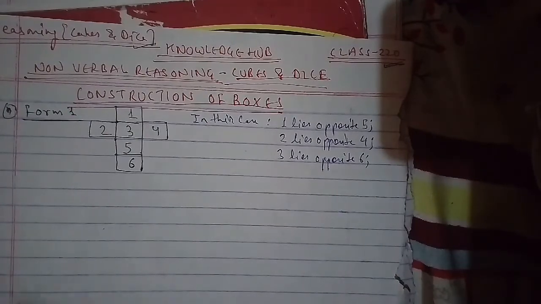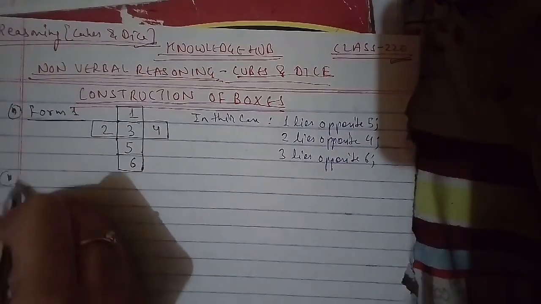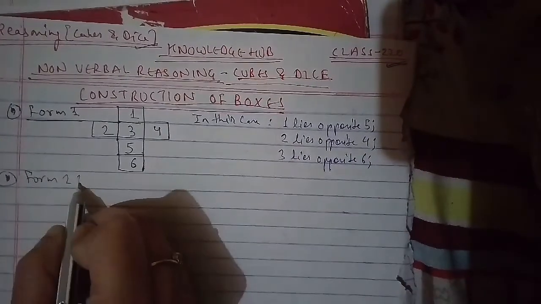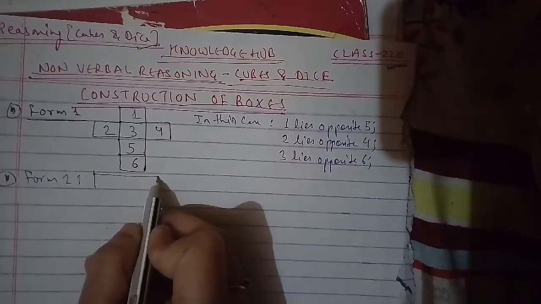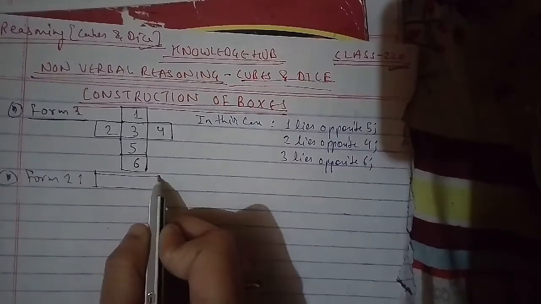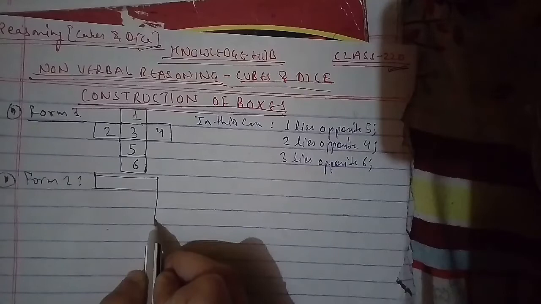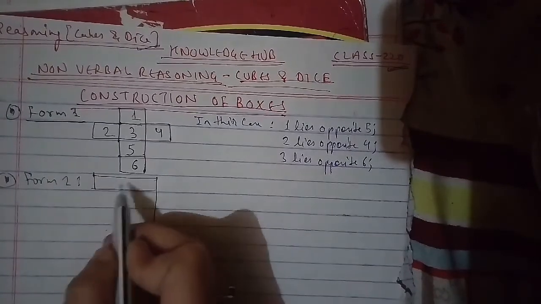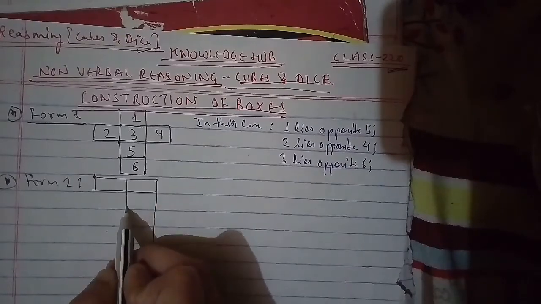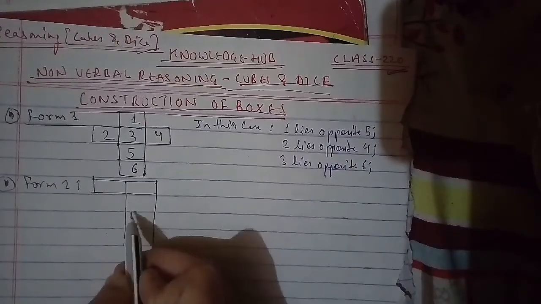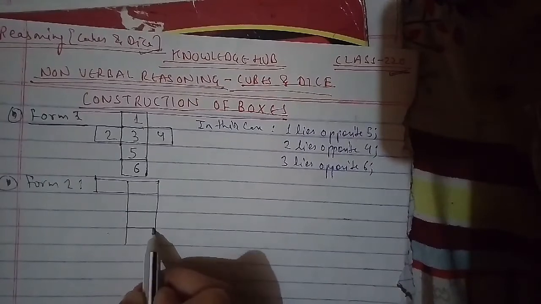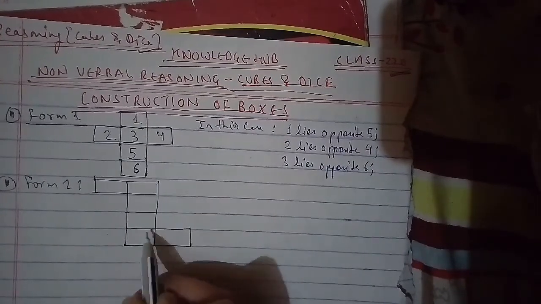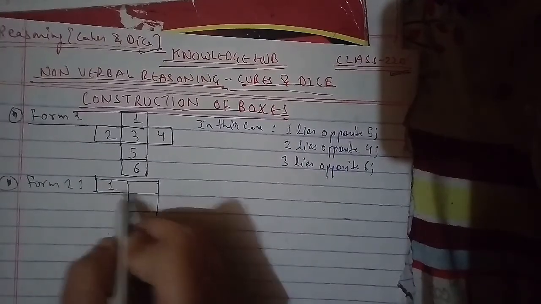Okay, we'll talk about the second form here. Form 2. This is 1, 2, 3, 4, 5 and 6.